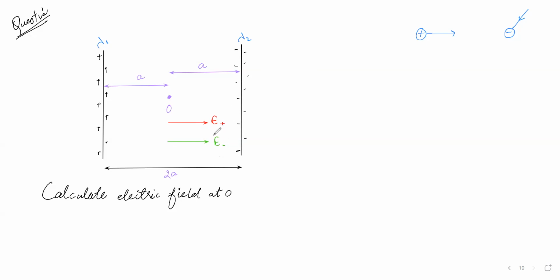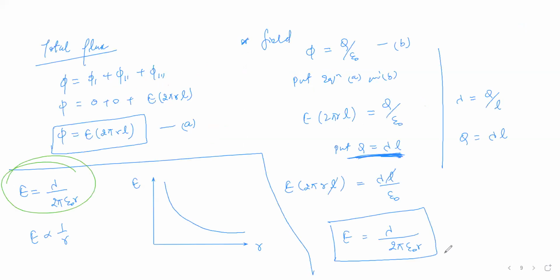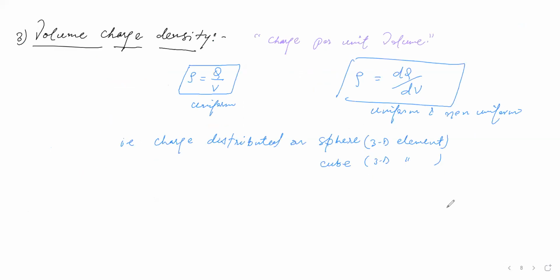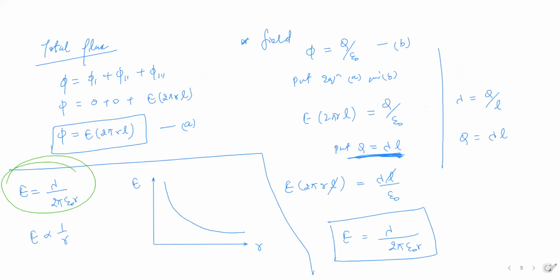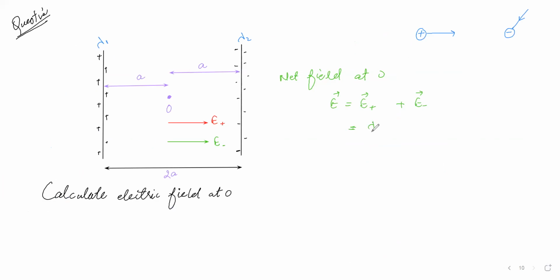Then easily all of you can see that both of the field lines are lying in the same direction, because of which we can write the net field at O as E is equal to E plus plus E minus. The value of E is what we have already studied about the linear charge. This is your main equation. So we can write E is equal to lambda.